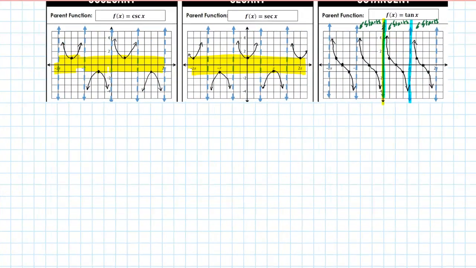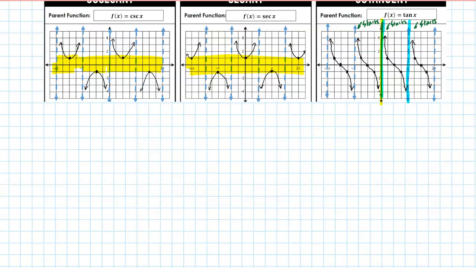Because if you look at cosecant, that's the start, so it's 0. And then after pi, there's pi and 2 pi. And remember that from here to here is the period.